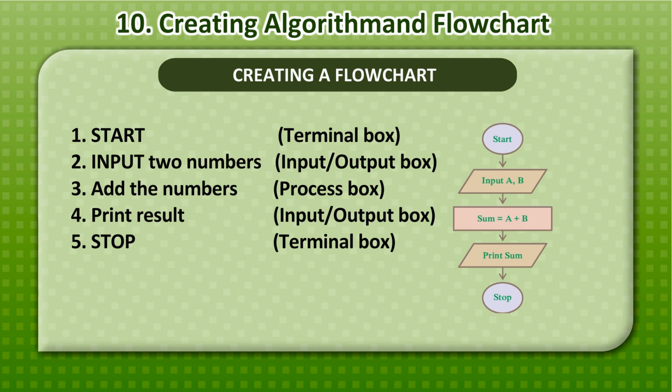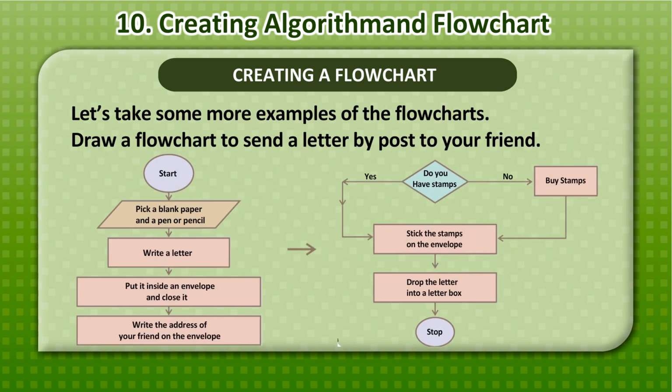Add the numbers. Process box. 4. Print result. Input or output box. 5. Stop. Terminal box. Start. Input A, B. Sum equal to A plus B. Print sum. Stop.